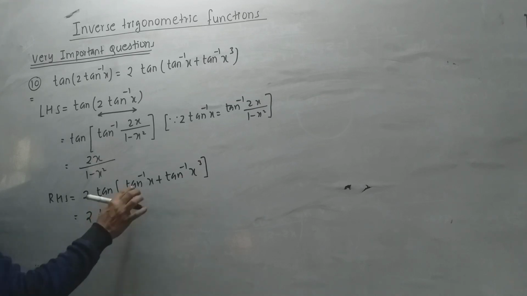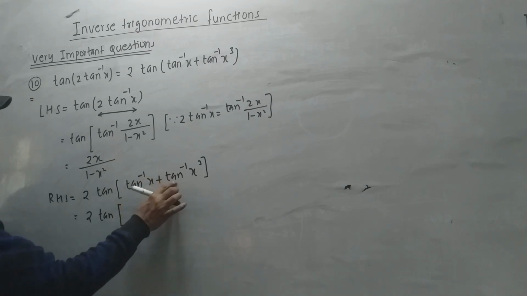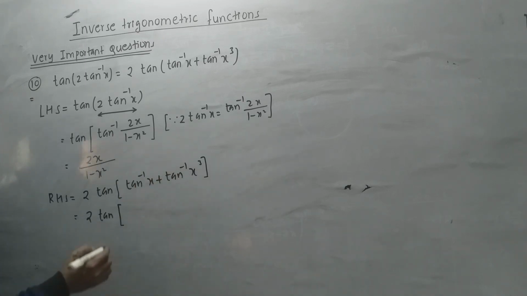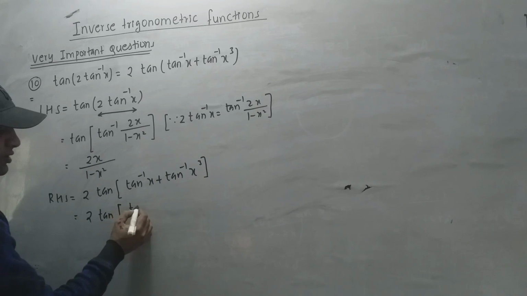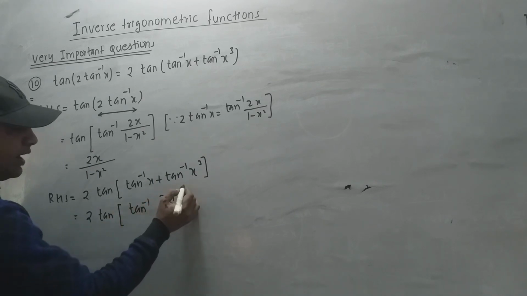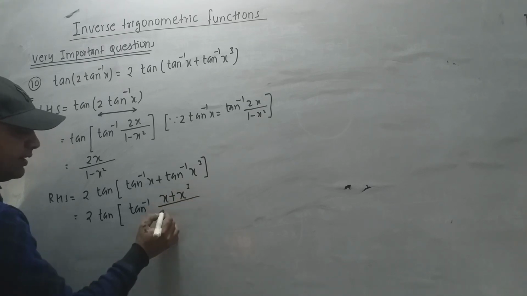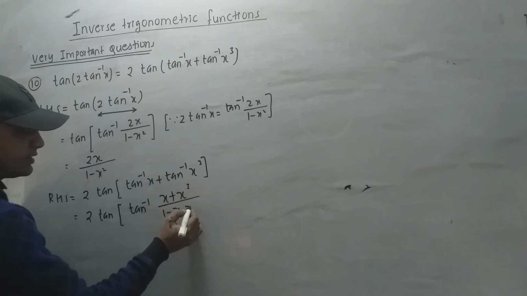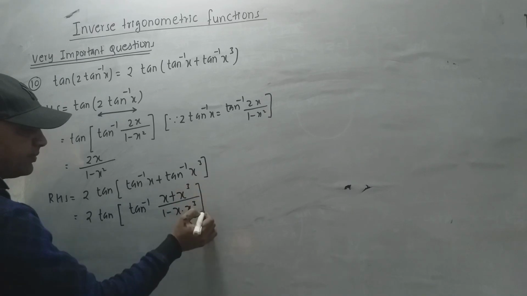After that, for this we apply the formula for tan inverse x plus tan inverse y. The formula for tan inverse x plus tan inverse y will be tan inverse (x plus y) divided by (1 minus x times y).